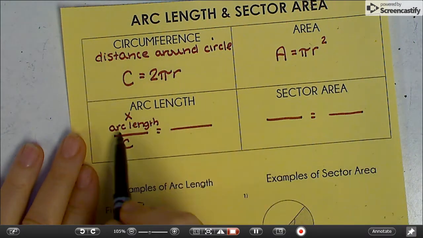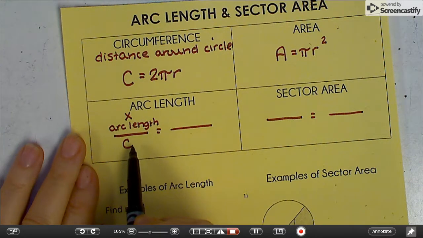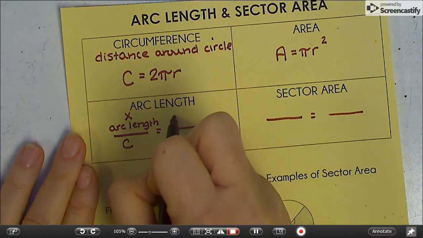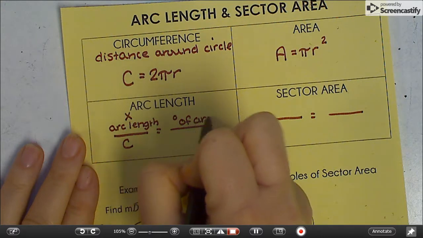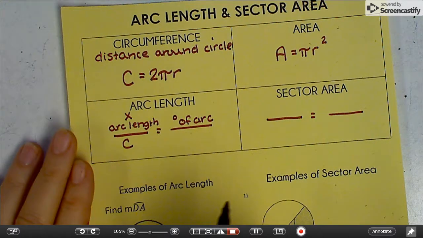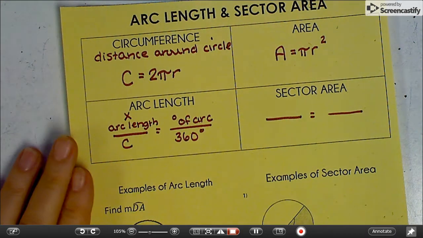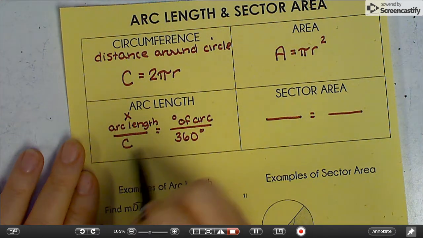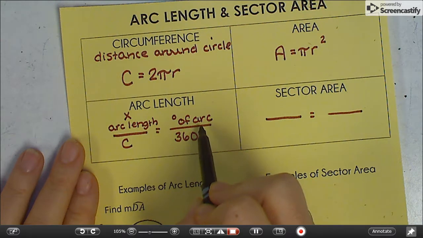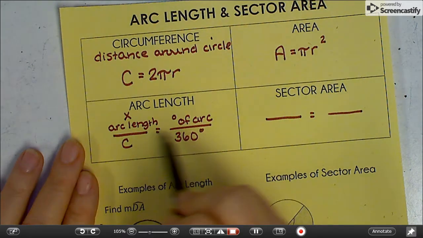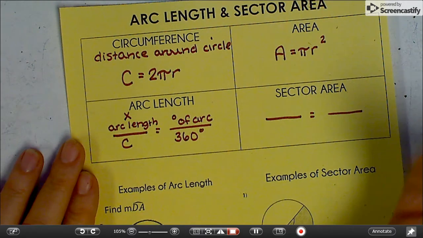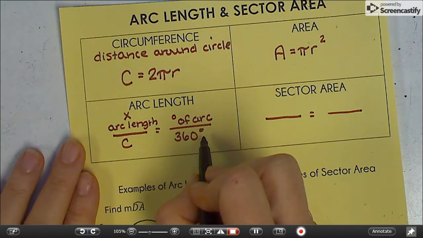We want to know the arc length over the circumference, and we're going to base that on the degree of the arc divided by the total number of degrees of a circle, which is 360 degrees around the circle. This is length, this is degrees. Okay, so kind of like similar figures where we have to keep things consistent. This is the arc, this is the whole circle.